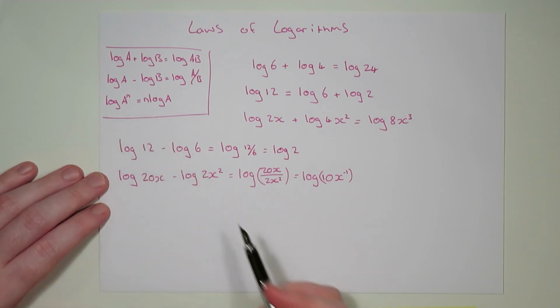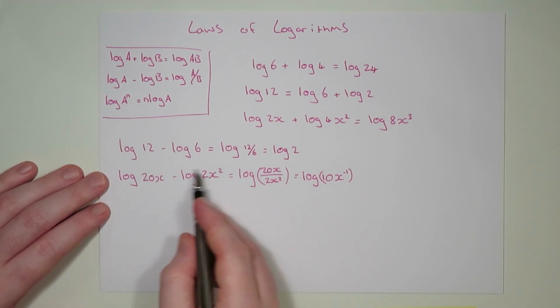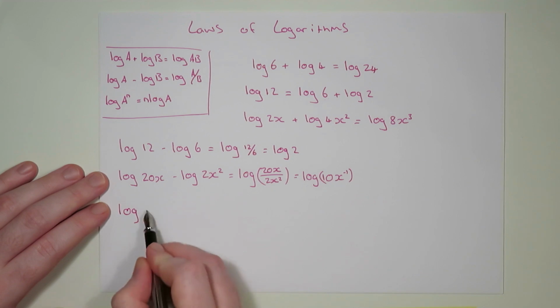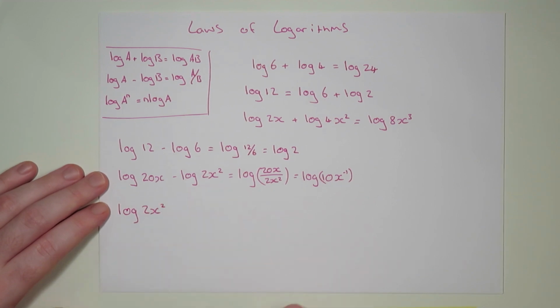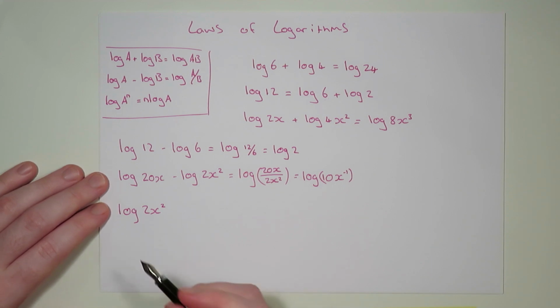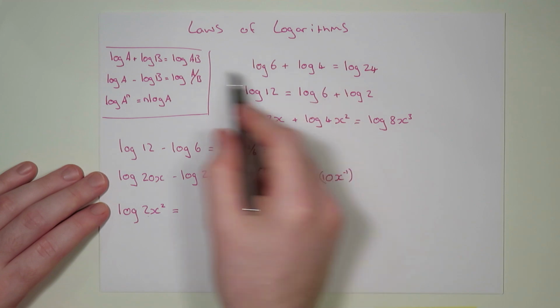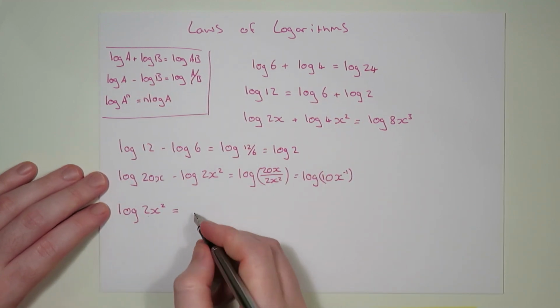And what about this thing here? Well, let's use this here as an example. Log 2x squared. Well, we can split this up into two logarithms by using the addition rule, log a plus log b.